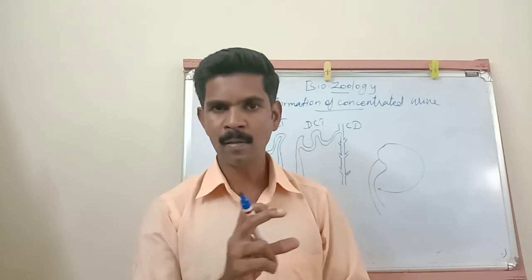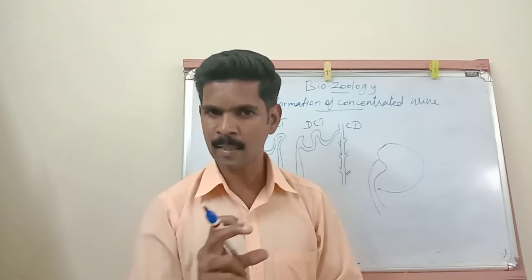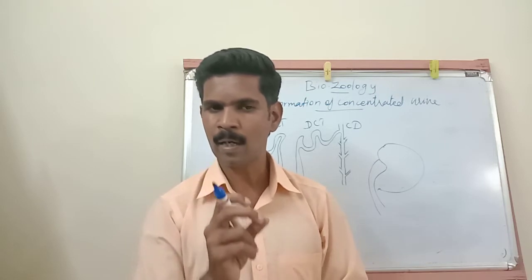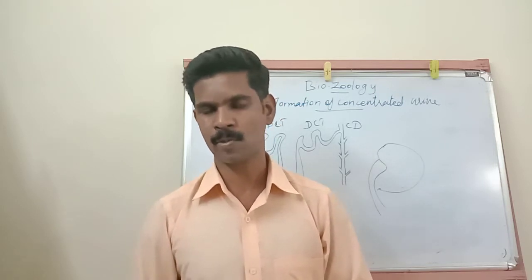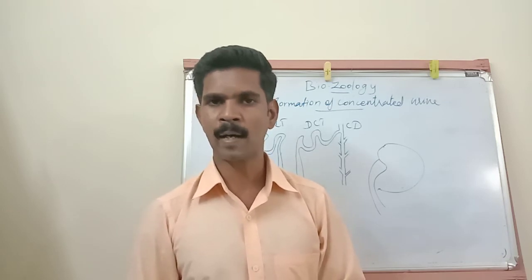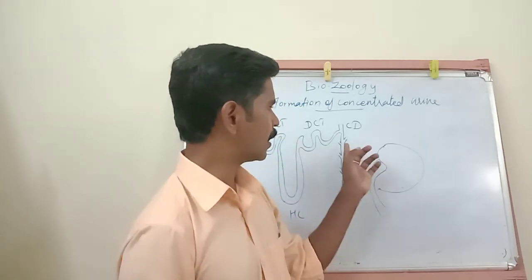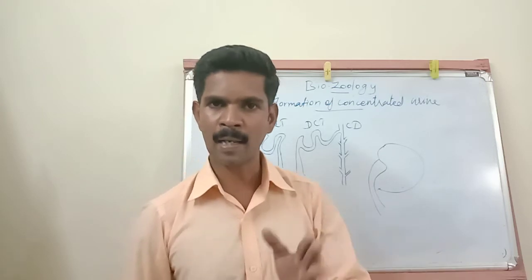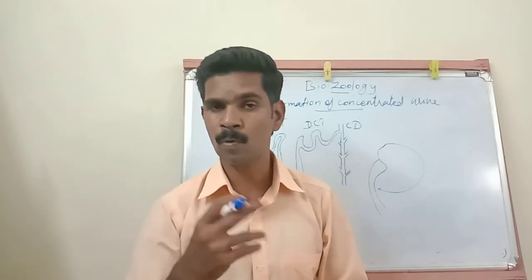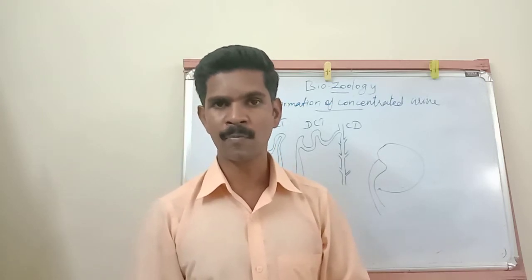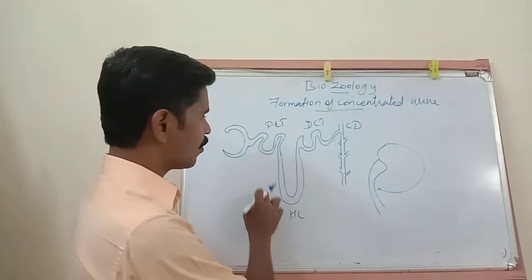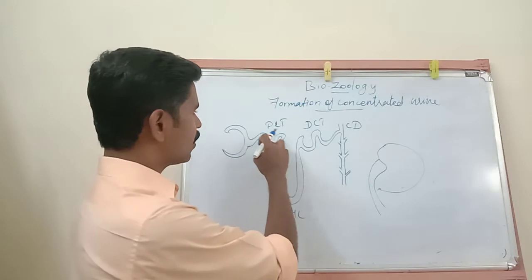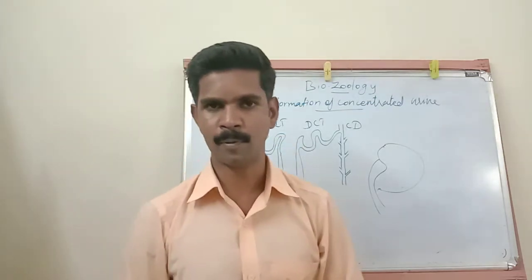The arrangement of all these parts allows the movement of solute from the filtrate, the glomerular filtrate, into the interstitial tissue. This region consists of interstitial tissue, and the glomerular filtrate is present inside the Henle loop.